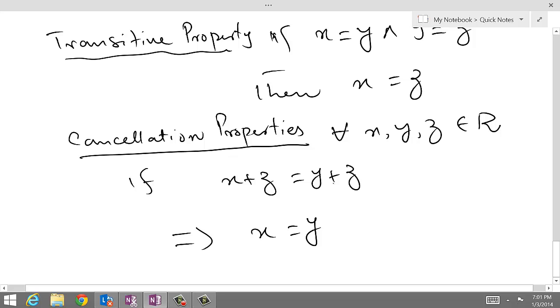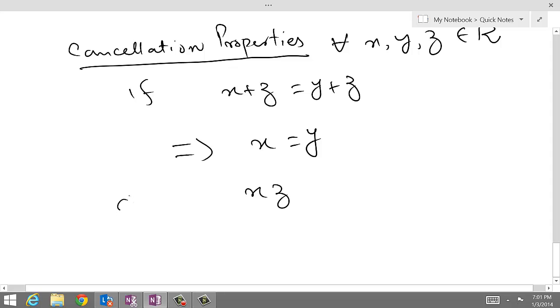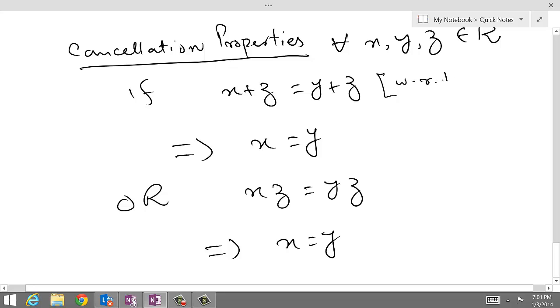So z from the right side can get cancelled. Or if xz is equal to yz, this means x is equal to y. Again, this is cancellation law with respect to addition, and this is with respect to multiplication.